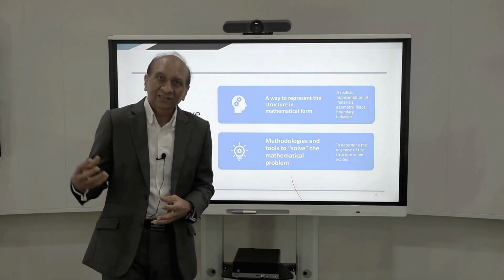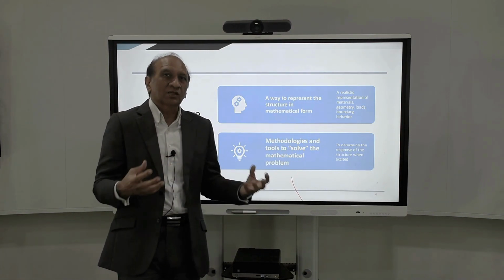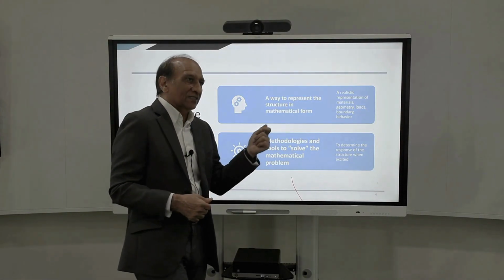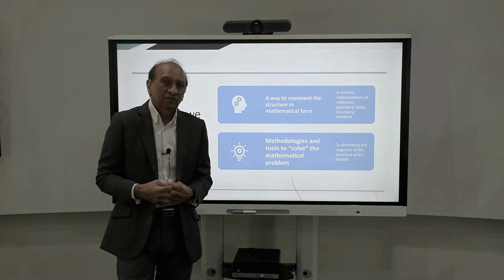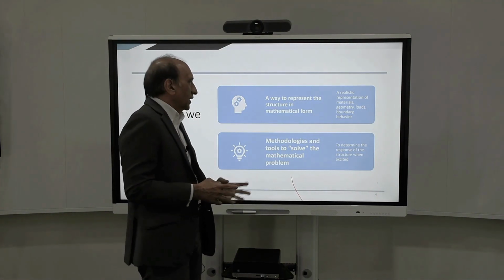So we want the right model for the right response, for the right excitations, and that is the problem we are trying to solve. And we need a model which can represent the geometry, which can represent the materials, which can represent the excitation, which can represent the invisible behavior also within the structure that we cannot see. So all of that is needed.